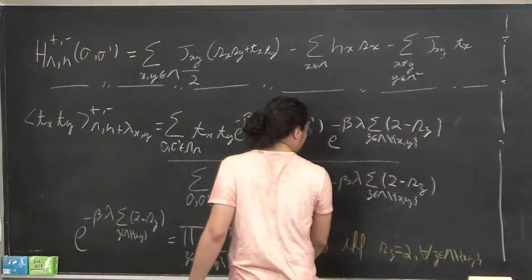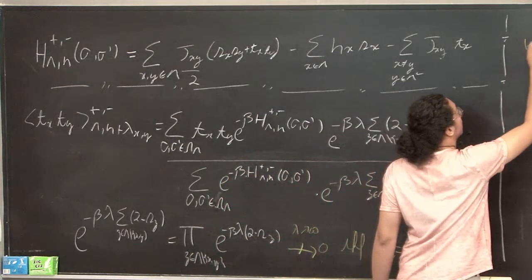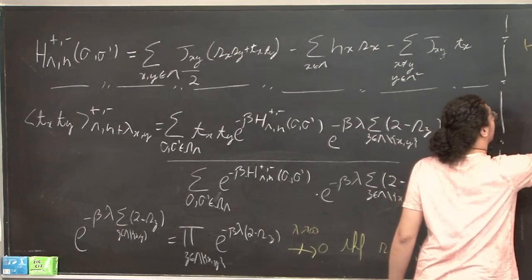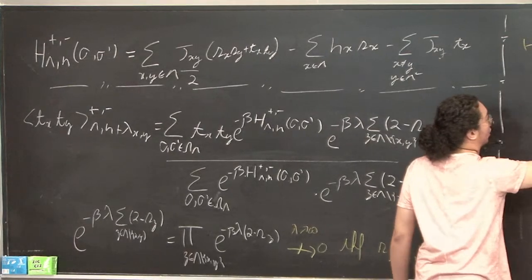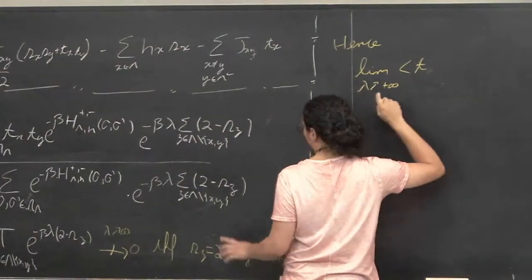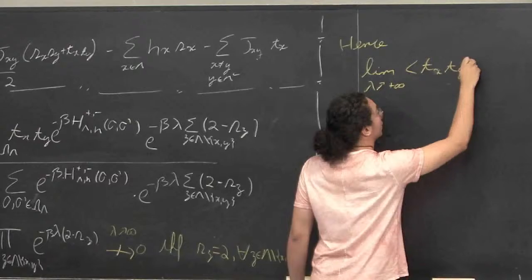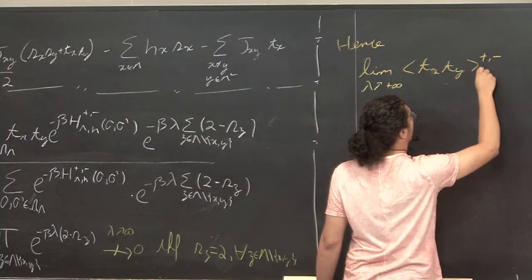And now, what does this mean? Hence, when we take the limit, lambda going to plus infinity of this thing here, tx. I have to watch out for the x and the y. Tx plus and minus lambda h.